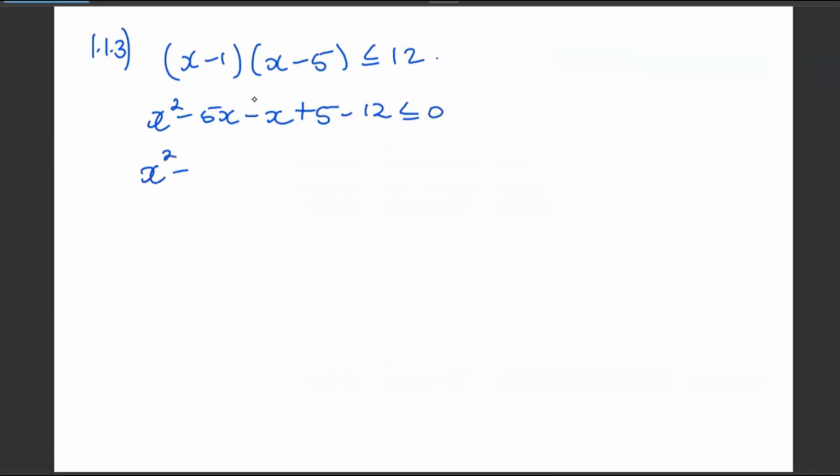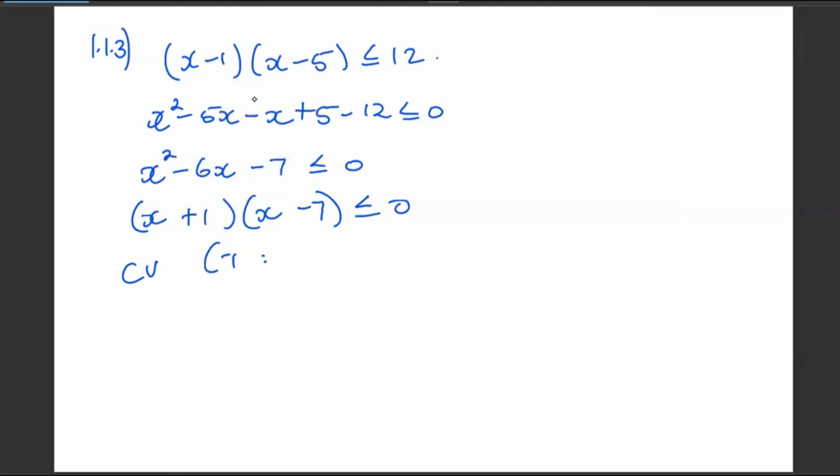Simplify that: minus 6x, and this and that gives us a negative 7, less than or equal to 0. Let's factor this out: x and x, with a 7, we must have a plus 1 and a minus 7, meaning that our critical values are negative 1 and 7.